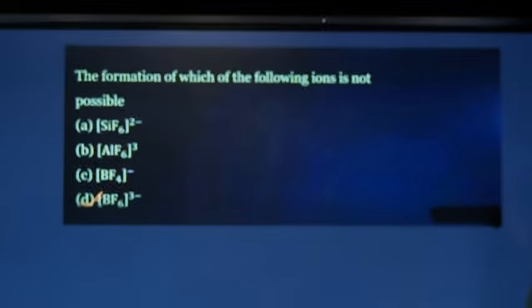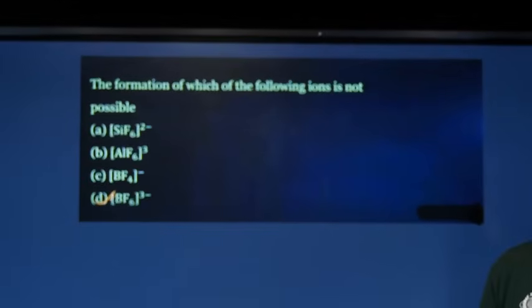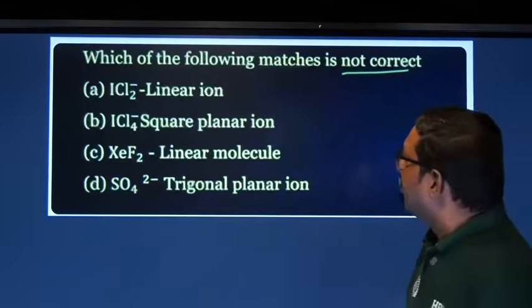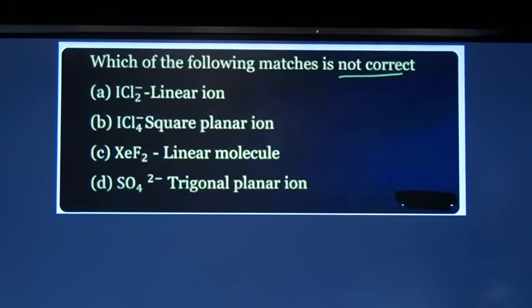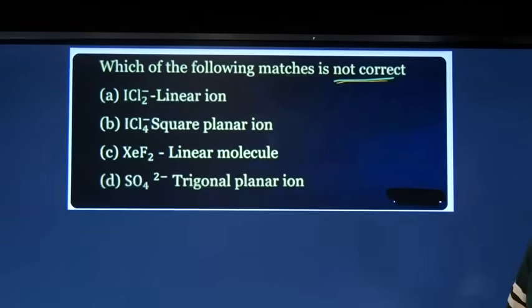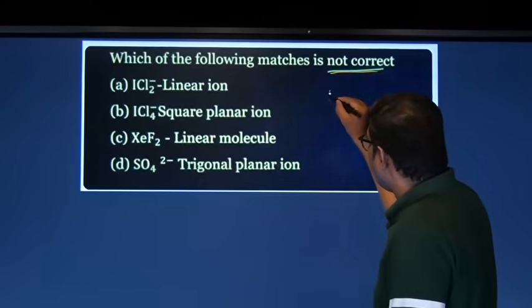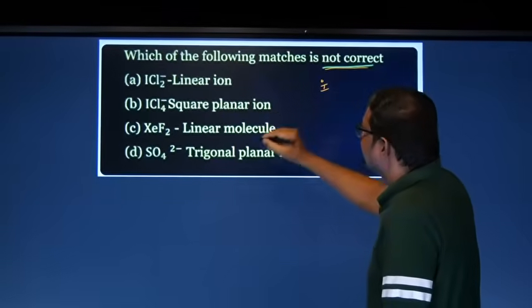So next question. Which of the following matches is not correct? Not correct is asked here. So ICl2 minus is a linear ion. Yes, no doubt. This is ICl2 minus, iodine is the central atom.